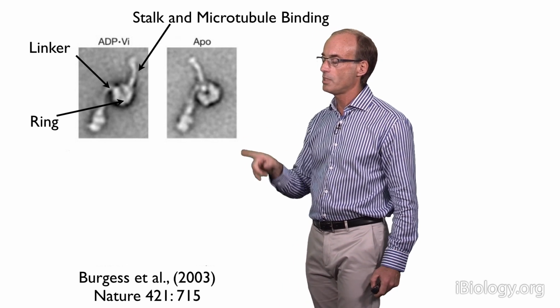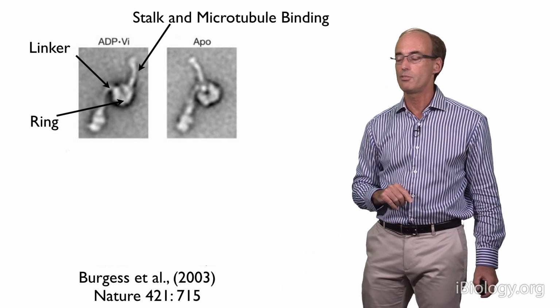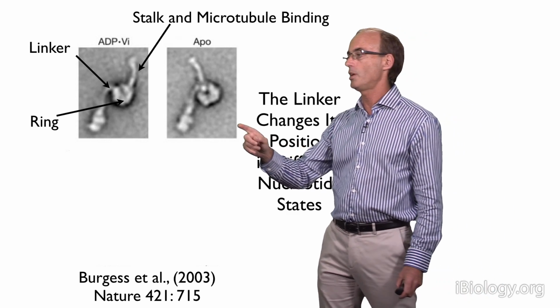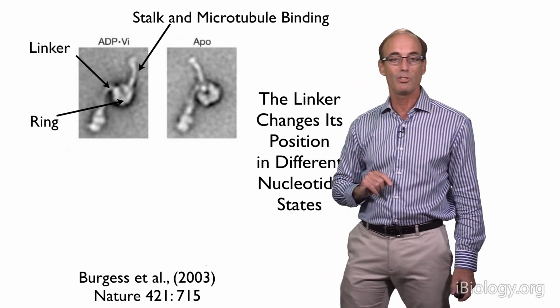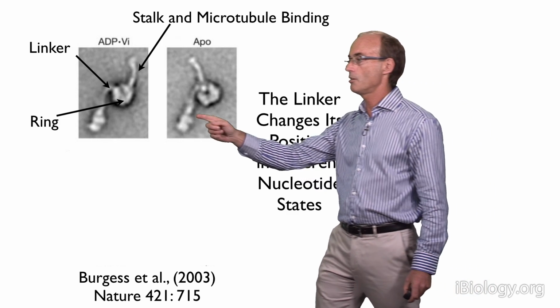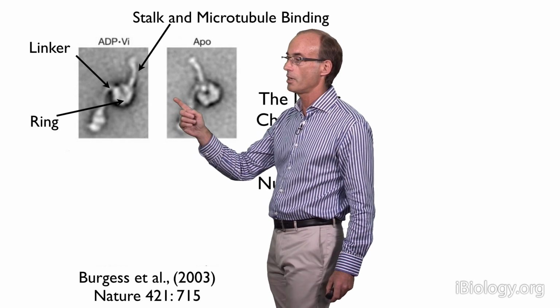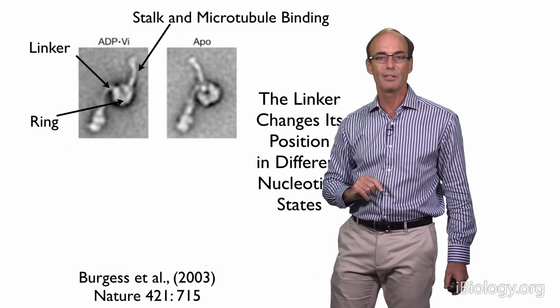And what they noticed in these 2 different nucleotide conformations is that the position of the linker relative to the ring and to the stalk can change. So here it's emerging from the ring far from the stalk, and here they're emerging close together.